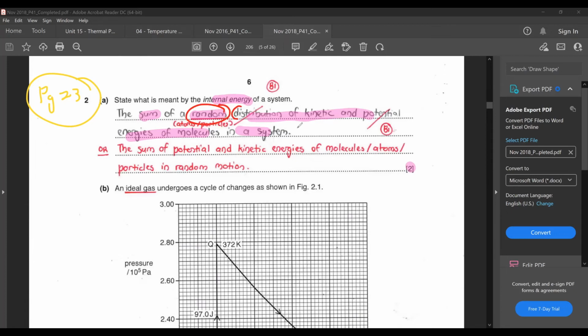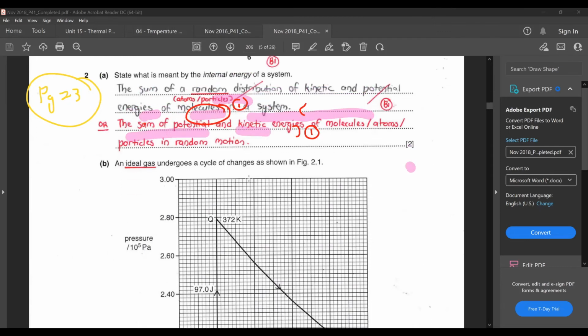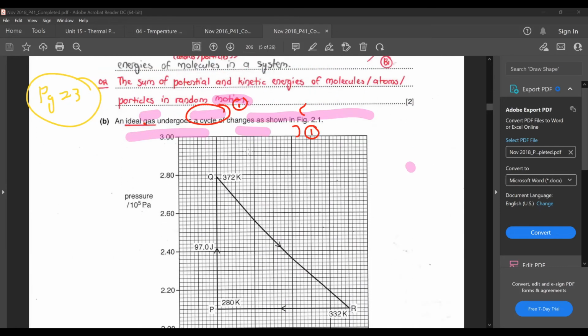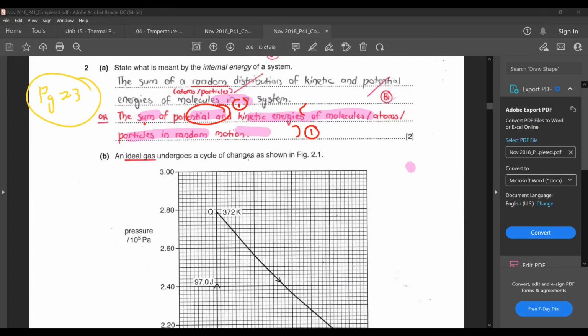Another mark is for mentioning the sum of kinetic and potential energy of molecules inside the system. The word random is a keyword that must always be there. If you just say it's the sum of kinetic energy and potential energies of molecules inside a system, you won't get the full mark. You only get half. You must say the sum of random distribution of kinetic and potential energies of molecules in the system. Only then you get your full mark. It's the definition for your notes. You can just copy it.